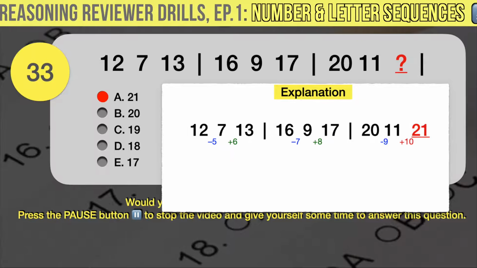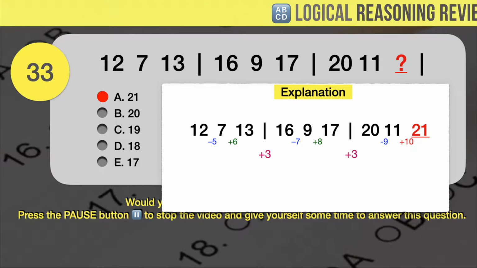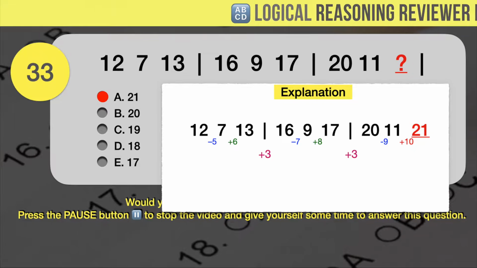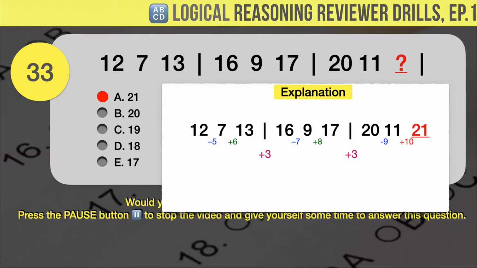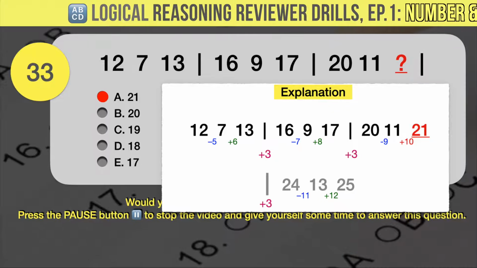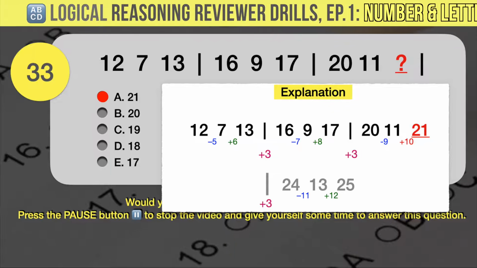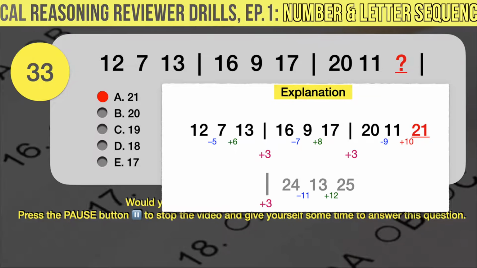It follows that for the third segment, the pattern should be 20 minus 9 equals 11, plus 10 equals 21, which is the missing and next number in the sequence. Take note that for this particular sequence, each new segment starts by adding 3 to the last number in the previous segment. So if we proceed further to the fourth segment, the next set of numbers should be 24, minus 11 equals 13, plus 12 equals 25.